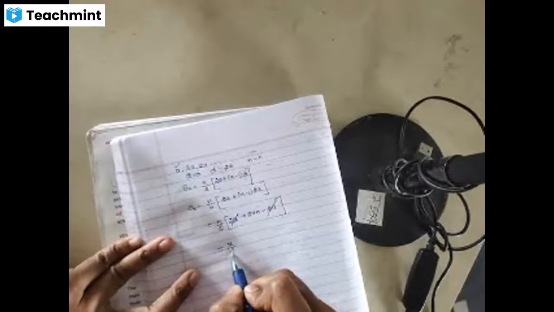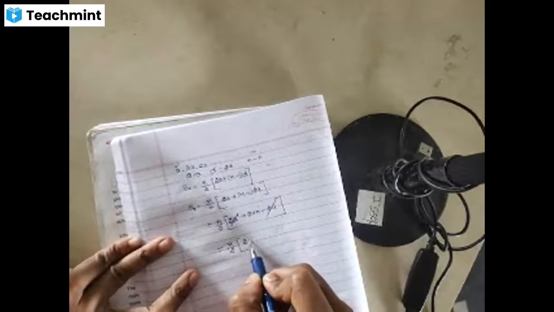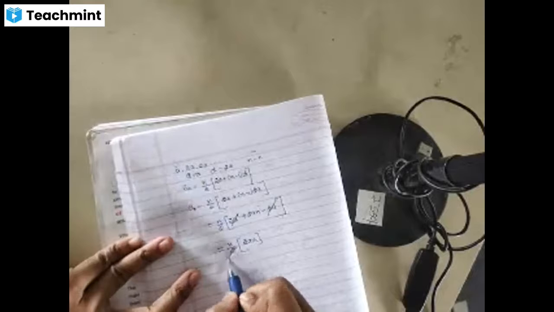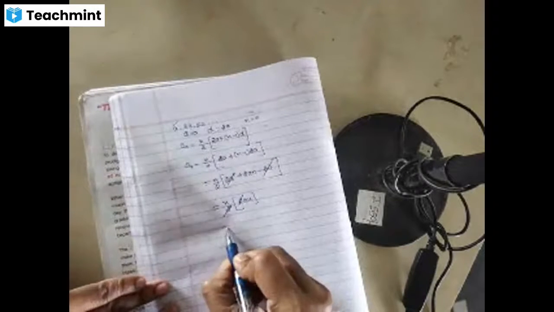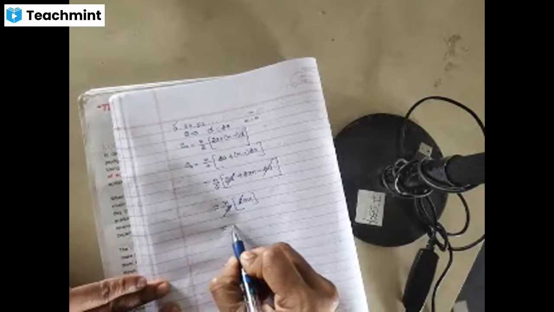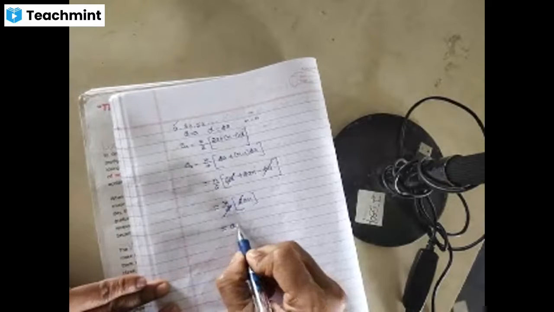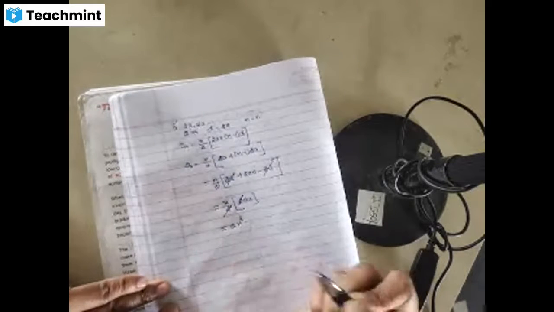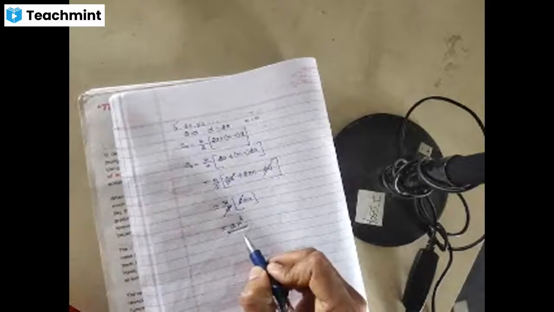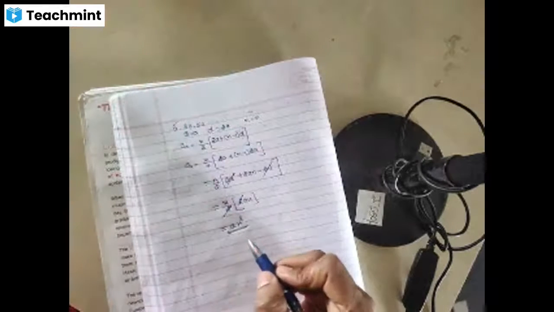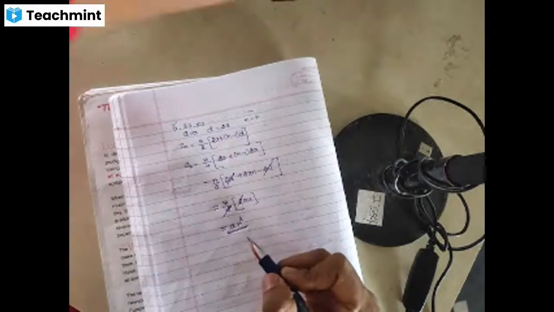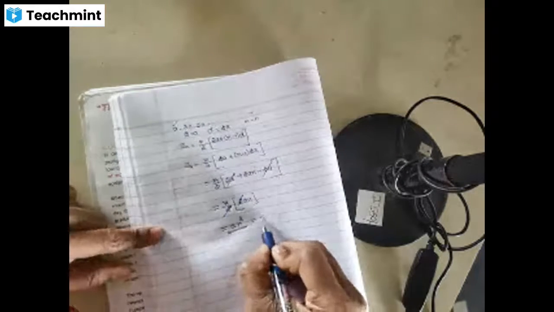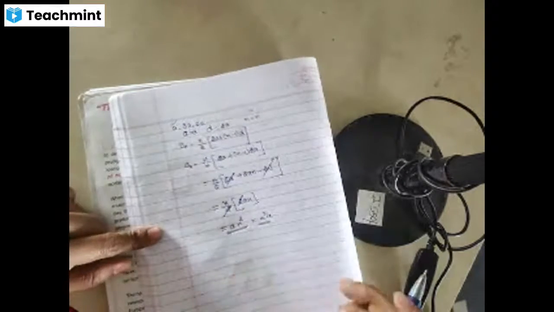Now n by 2, here remaining is 2An. So this 2 and 2 get cancelled. So remaining is A and n into n, n square. So A square n is the answer. Sorry, A n square is the answer. Or you can write n square A.